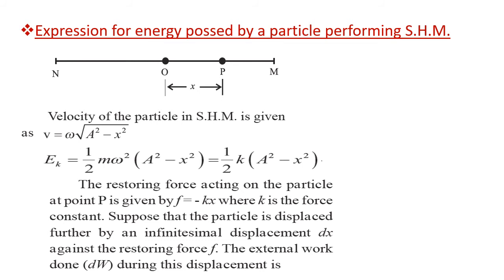Now suppose the particle is further displaced by a very small, infinitesimal displacement dx against the restoring force. In that case, external work has to be done on the particle during this displacement, and this external work is given by dw.